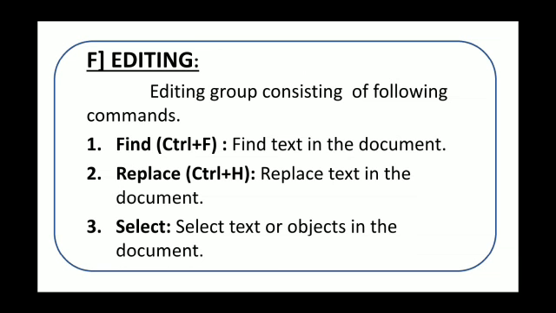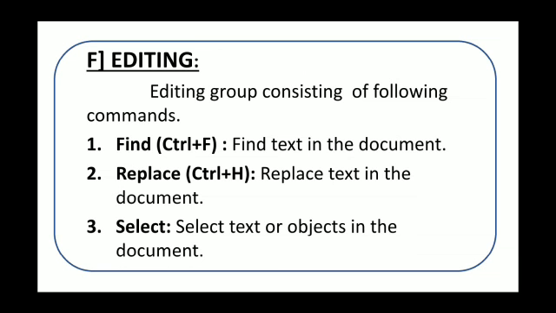Like with the Find option, if you have made any wrong typing or spelling mistake in a word, you want to find that word and replace it. At that time you can use Find to find that particular word, and replace it with a new word.